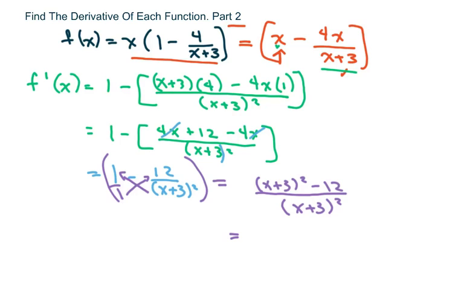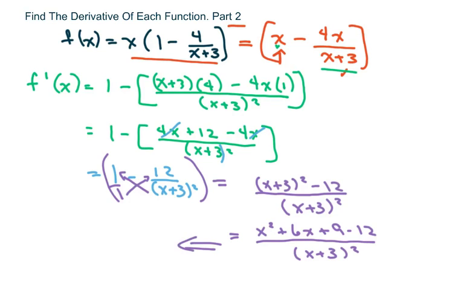So that's going to simplify as x squared plus 6x plus 9 minus 12 over x plus 3 squared. That simplifies to x squared plus 6x minus 3 over x plus 3 squared. And that's your derivative.